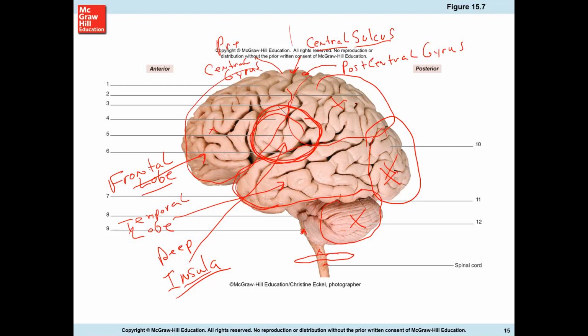And back here you have, oh, this is parietal lobe. And here's your occipital lobe. So I just wrote in the all about the cerebrum. And you have to know this is the cerebellum, but I don't want to write it here because I want you to know this is all cerebrum I'm pointing out, right?